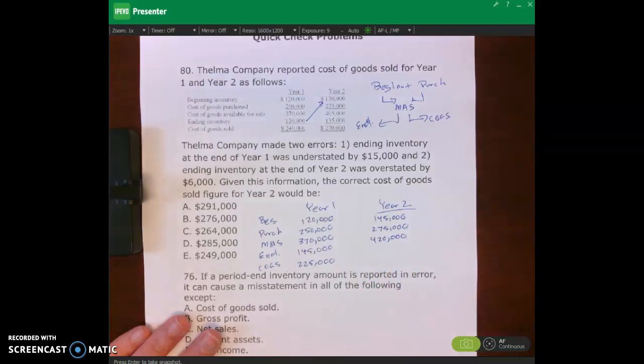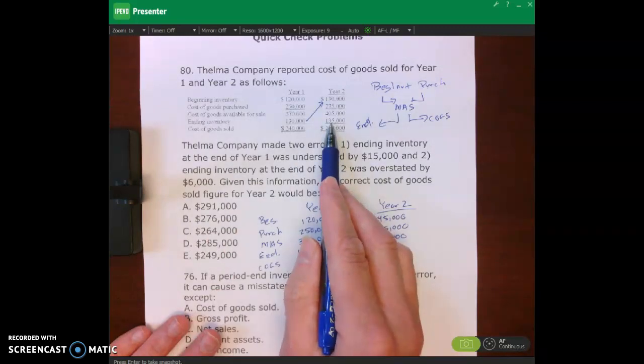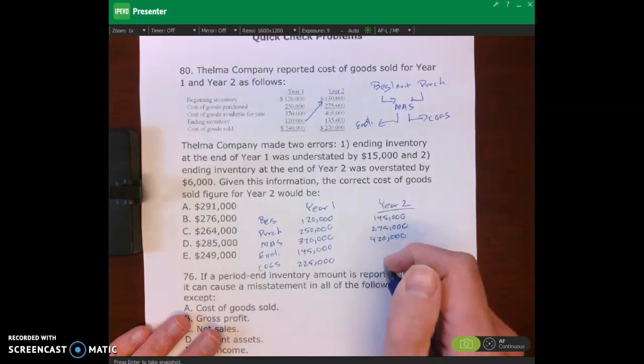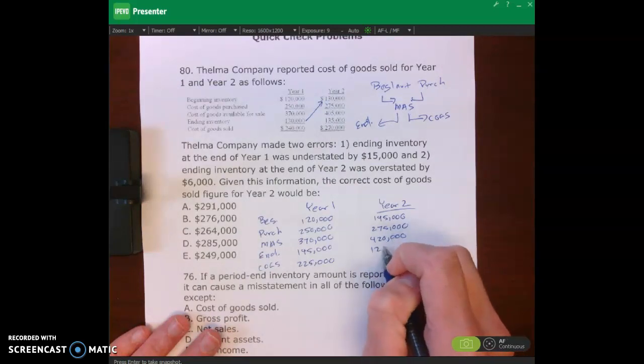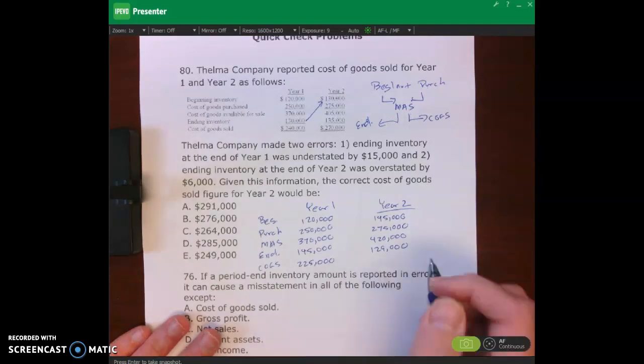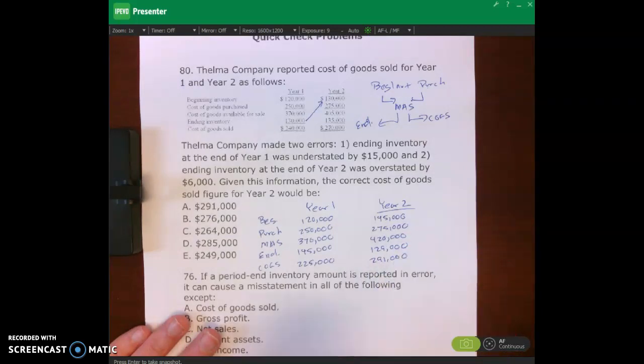Now ending inventory was overstated by 6,000. So this should not be 135. It should be 6,000 less, our 129. So now 420 minus my 129 gives me 291. A is the right answer.